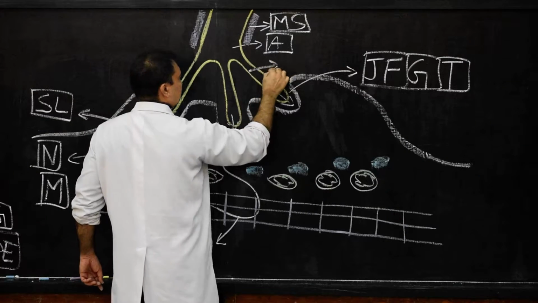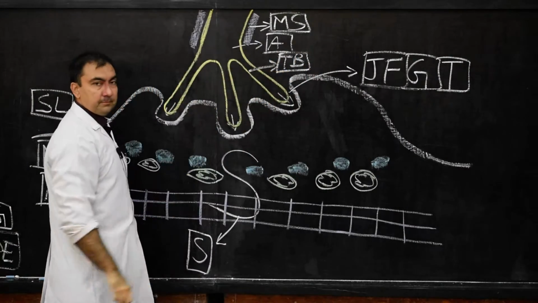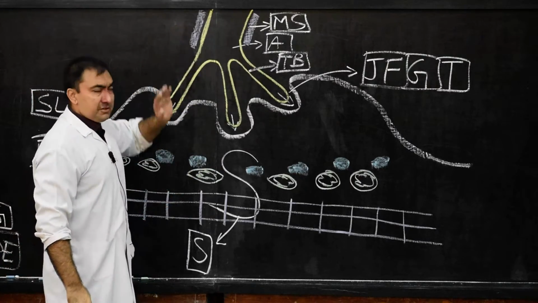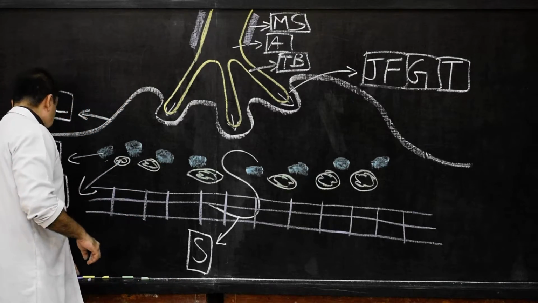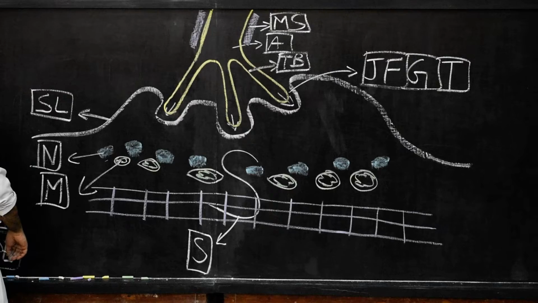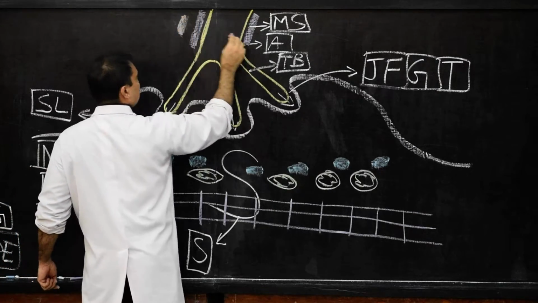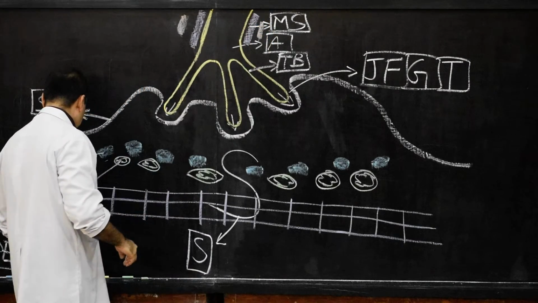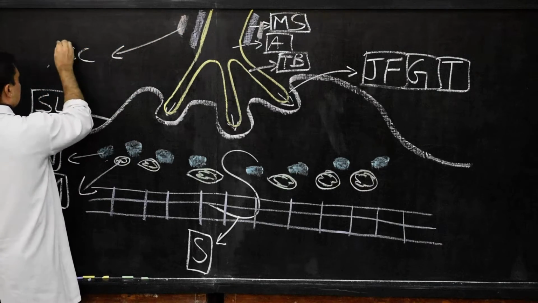And these are the terminal branches of axon. Now, surrounding this myelin sheath will be the Schwann cell. So therefore, I am going to show that there will be presence of Schwann cell which is surrounding the myelin sheath, and therefore here we are going to name this as Schwann cell.